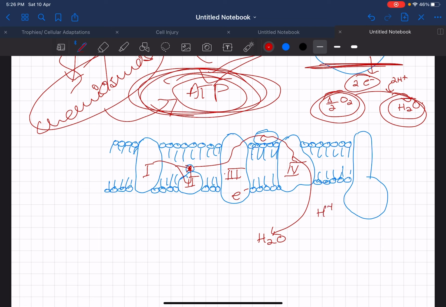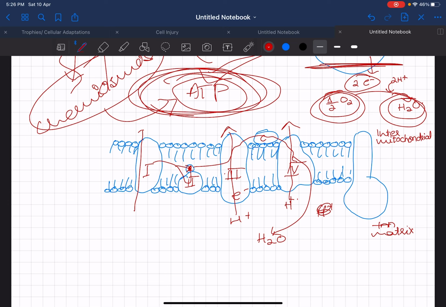The hydrogen ions are being pumped out from the inner mitochondrial matrix region to the intermembrane space. They are pumped out towards there by complexes 1, 3 and 4.